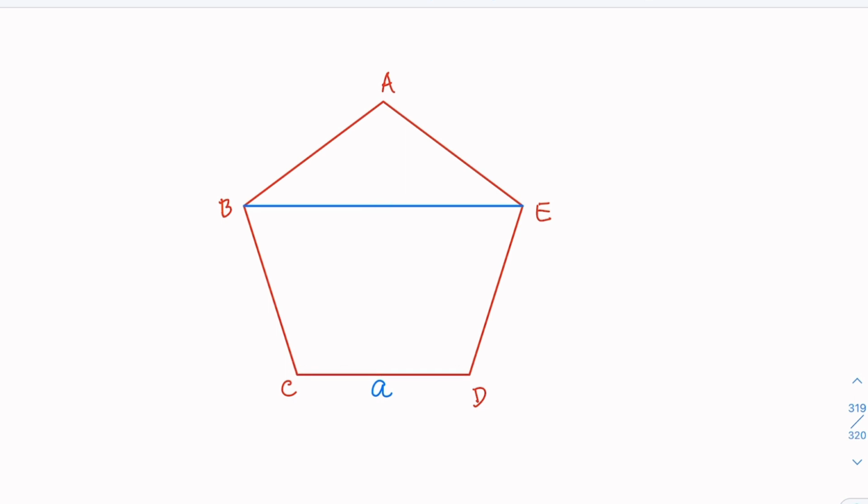So BE parallel to CD. Now similarly, if you were to connect another diagonal, so this is parallel to the other side, so that is AD will be parallel to BC.